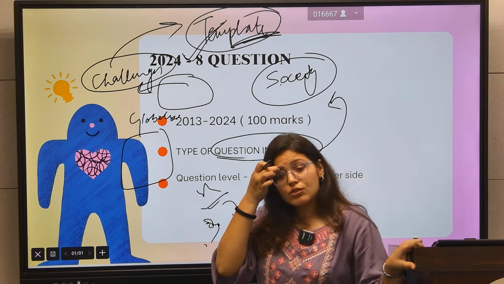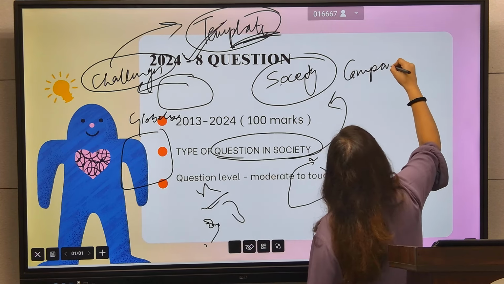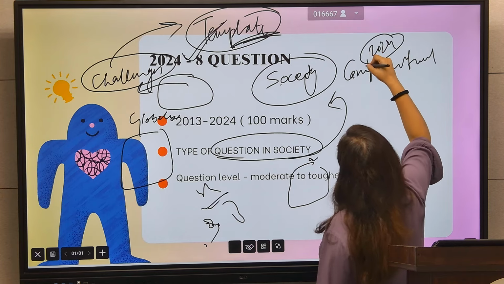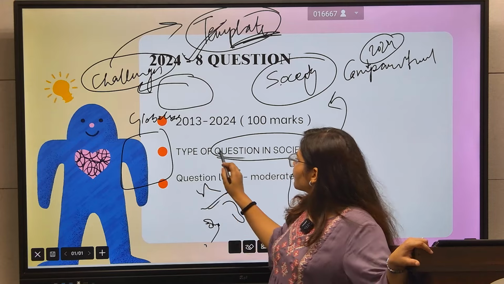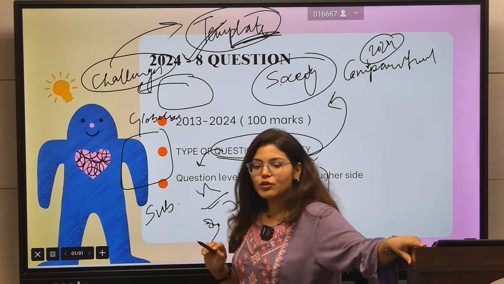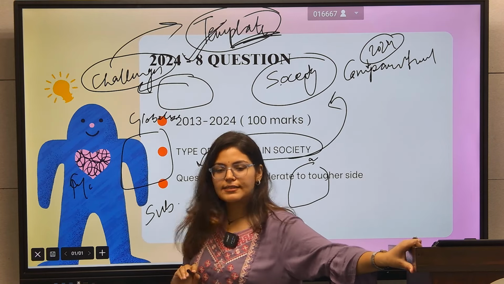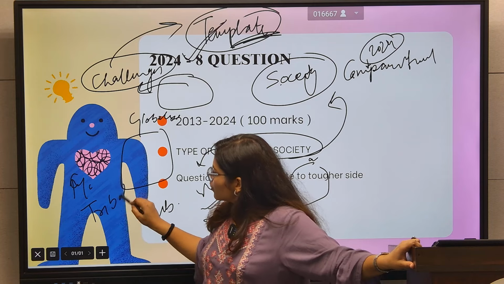Now see, society questions in 2024 are comparatively doable. Earlier, UPSC asked questions on subtopics of topics, like if there is a topic marginalized section, UPSC asked a question on tribals.